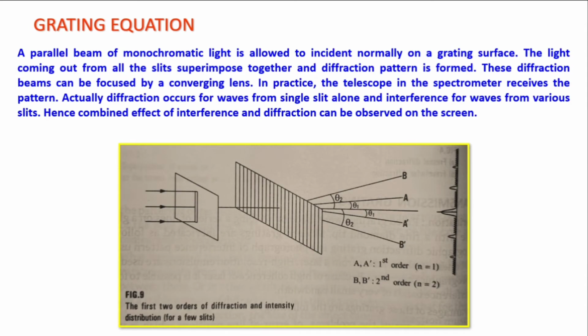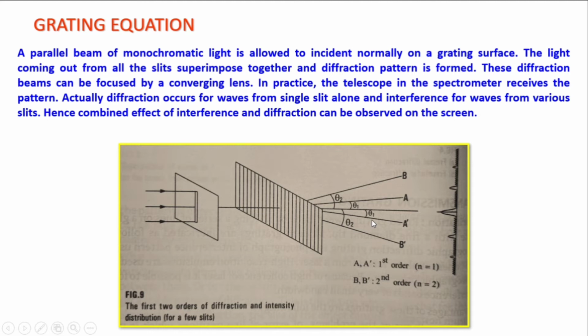A parallel beam of monochromatic light is allowed to be incident normally on a grating surface. The light coming out from the slits is superimposed together and a diffraction pattern is formed on the screen. These diffracted beams can be focused by a converging lens.